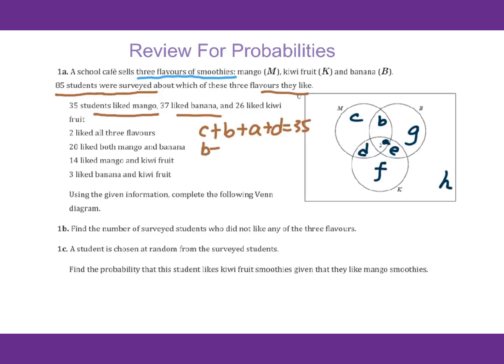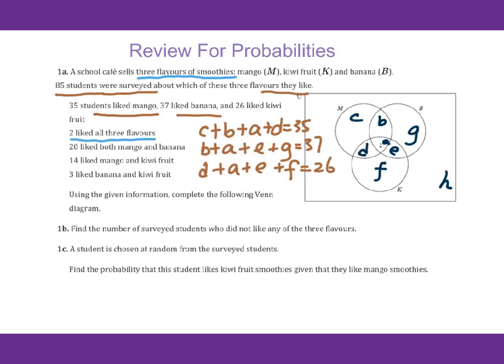And B plus A plus E plus G, they give you 37. And D plus A plus E plus F, it's 26.